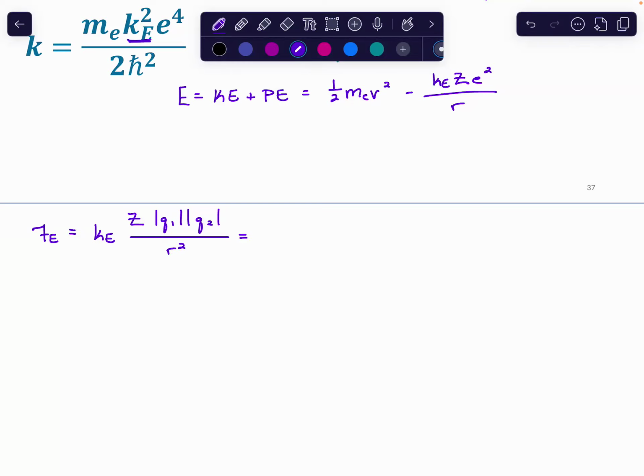And of course, both of those charges are going to be the base charge E, E Z E squared over R squared. So there's our Coulombic electric force.